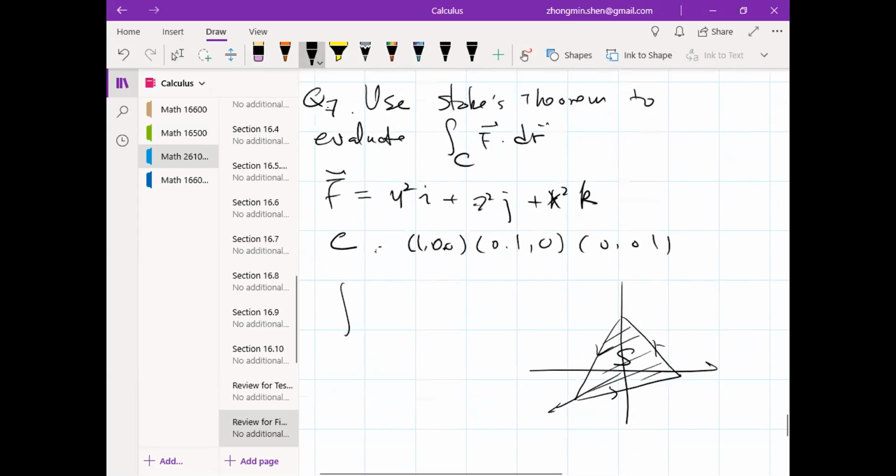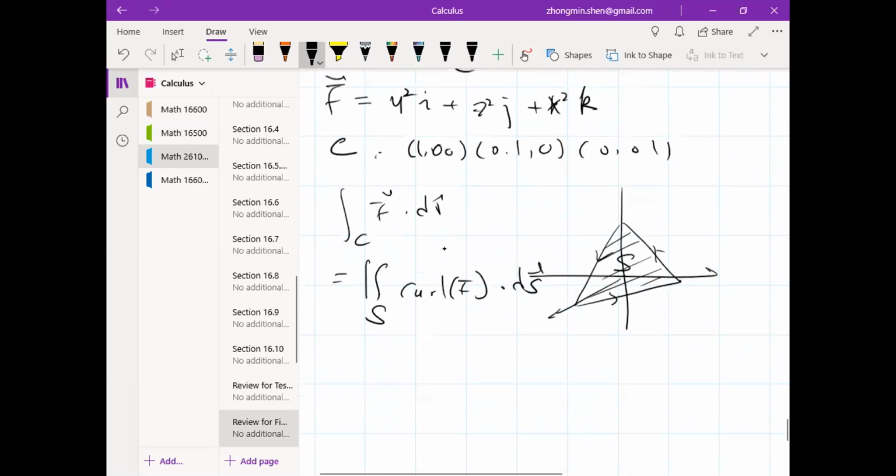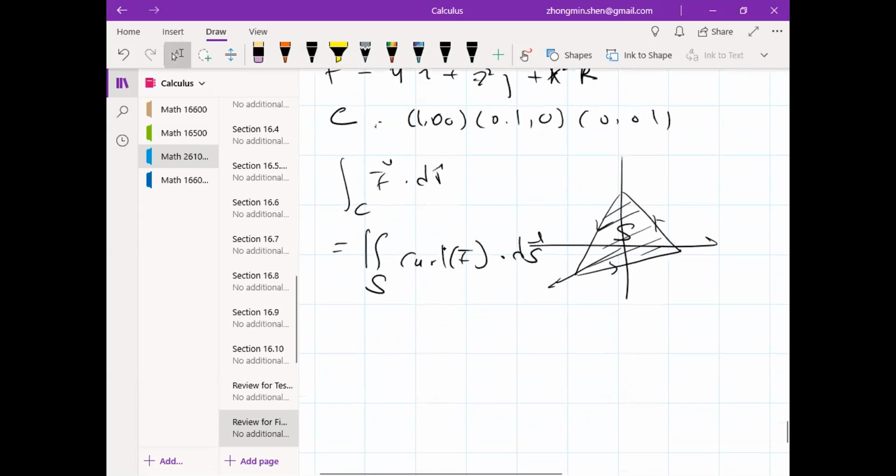So you write down Stokes' theorem: the curl of the vector field dS. So all you have to do is just find the curl of the vector field and the normal vector of the surface.